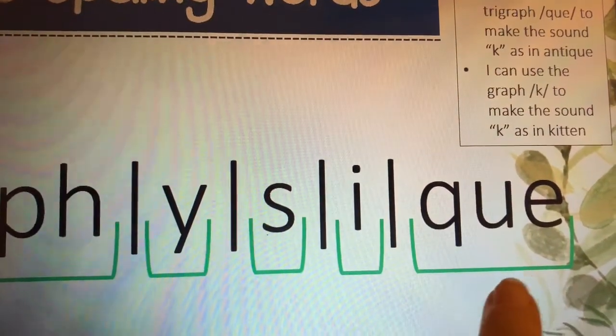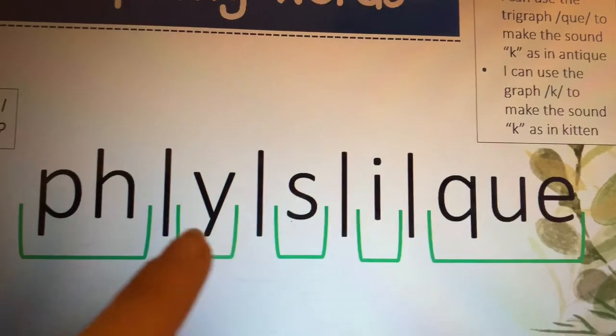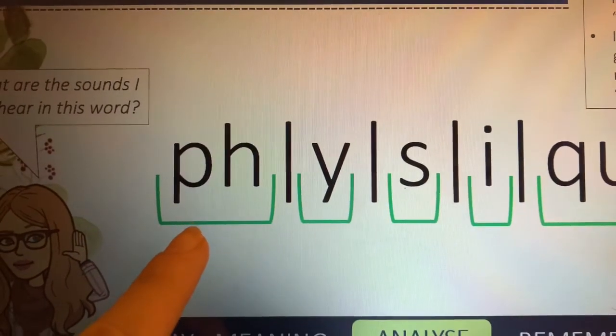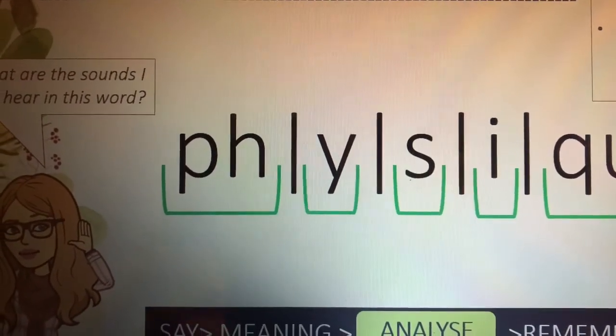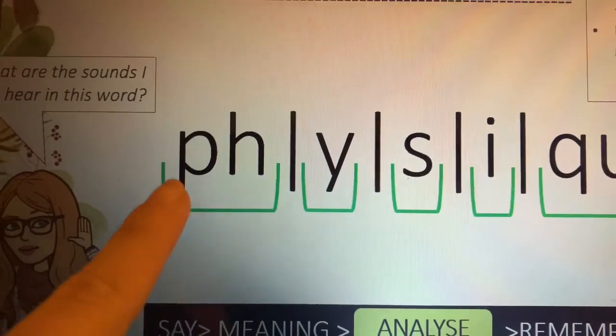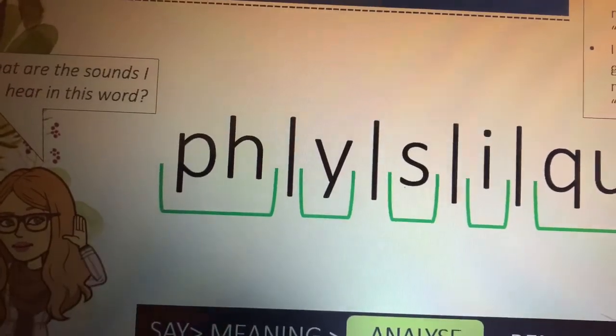Okay, we can see that in the word physique, the K sound is being made with the trigraph QUE. We can also see that the digraph, which is 2 letters making one sound, PH, is making the F sound.